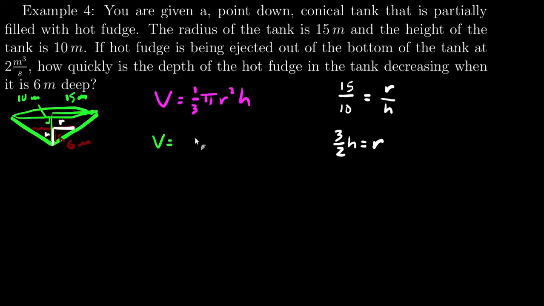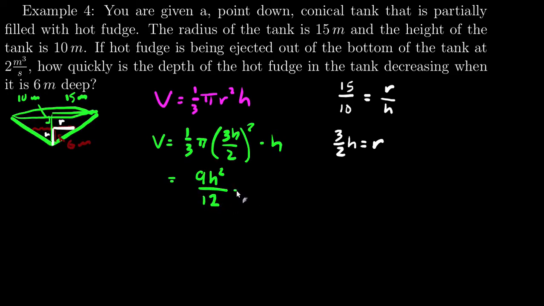So V will equal 1/3 pi times (3h over 2) squared times h. And I can do some work here. So 3h squared is 9h squared. 2 squared is 4, times 3 is 12, so I have 9h squared over 12.